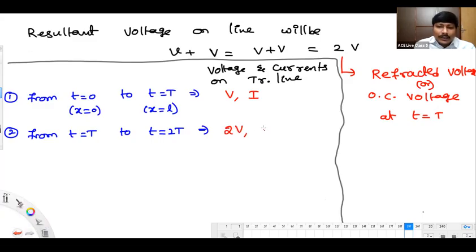Voltage is becoming double, current is falling to 0. And what is the x location? From x equals L to x equals 0, the so-called back propagation.